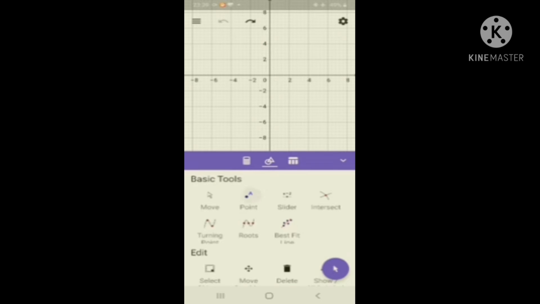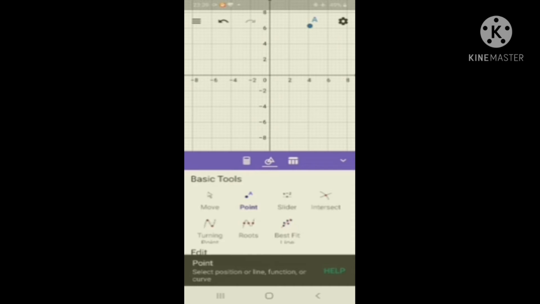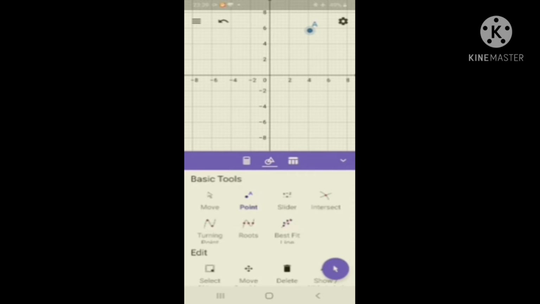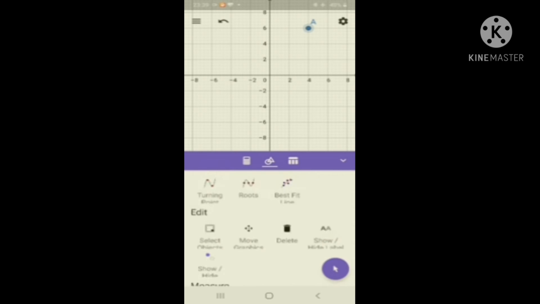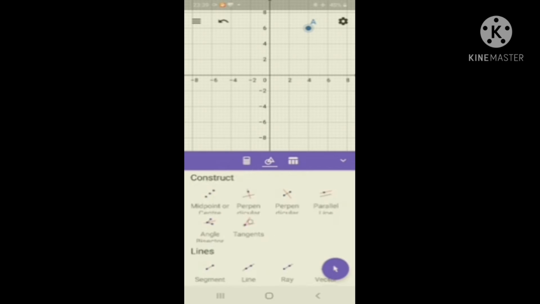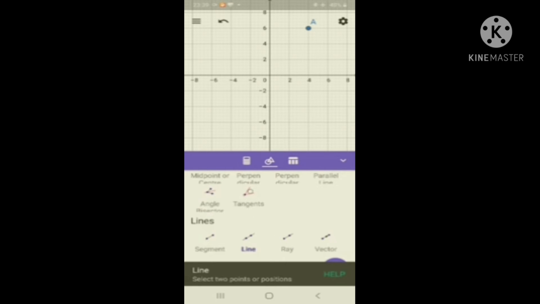Suppose that you have given a point A. Now you have to find the coordinates of this point A. So for it we will draw a perpendicular from A on the X axis as well as on the Y axis.